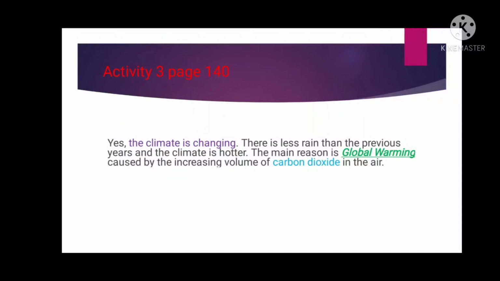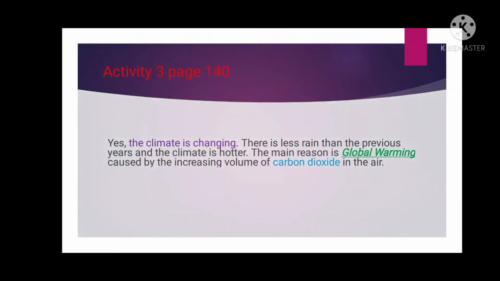And of course, the main reason is global warming caused by the increasing volume of carbon dioxide in the air. When we say global warming, the globe, the world, the earth is getting hotter. That means warmer. And this is, of course, due to the carbon dioxide. And when we say carbon dioxide, it is CO2 in the air, of course.